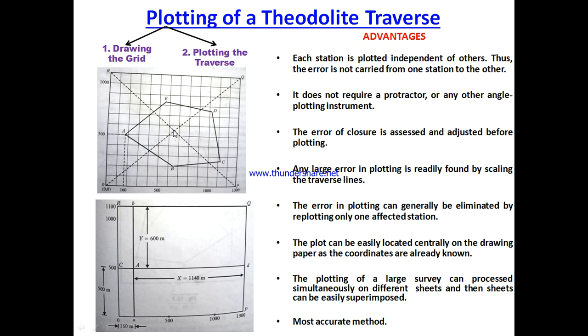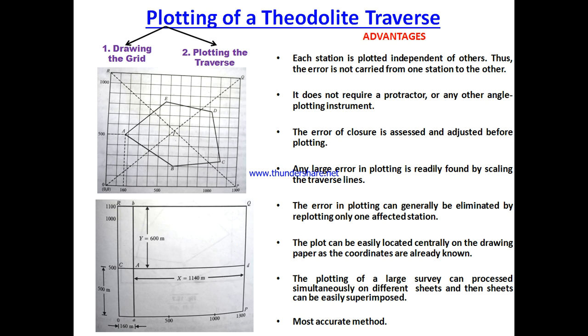For example, suppose this is the chosen point of intersection, then from here, equal scaling distance, for example 2 cm, here also we will go 2 cm, then 3 cm, here also 3 cm. In this manner, with the help of scale of distance, we can plot the grid lines.